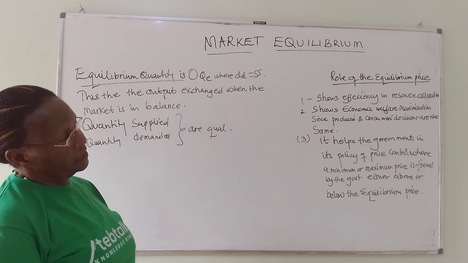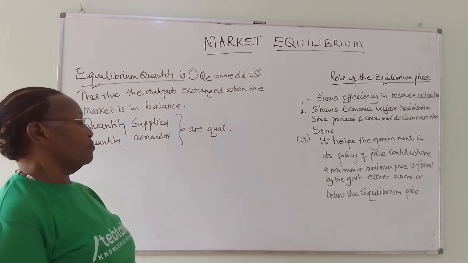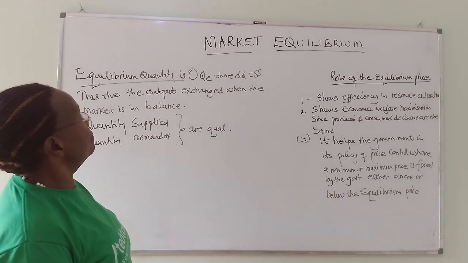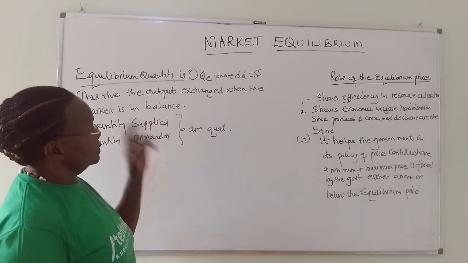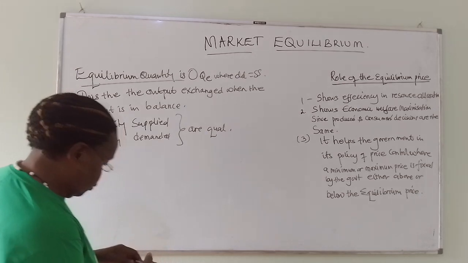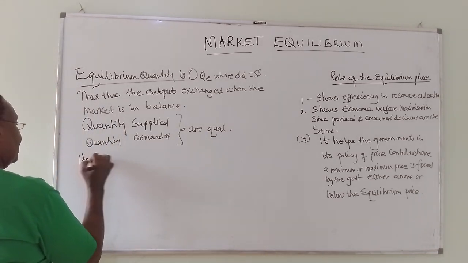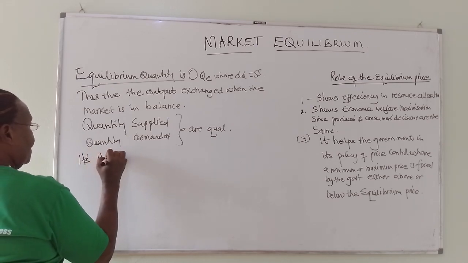Like we saw the price, it is the only price which brings together the equality of demand and supply. The same goes with the equilibrium quantity. It is the only quantity which brings together the equality of demand and supply.